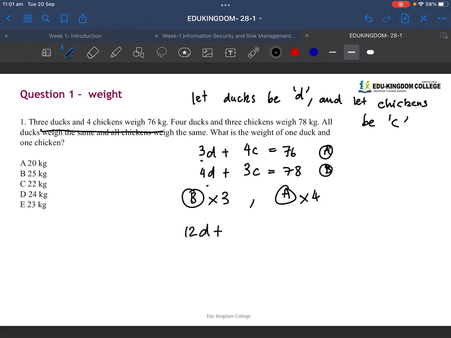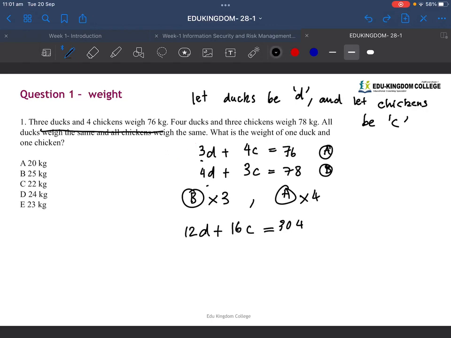But remember, since it's an equation, we have to do it to the whole thing. 4C times 4 is 16C. And that must equal 76 times 4, which is 304. Okay? Again, all I did there was put a bracket around the whole thing, times 4. That's all I did.